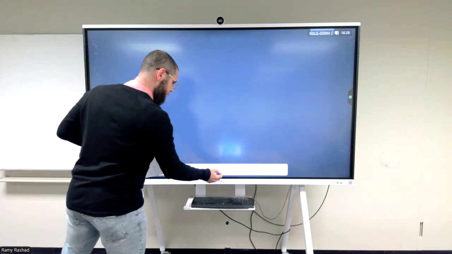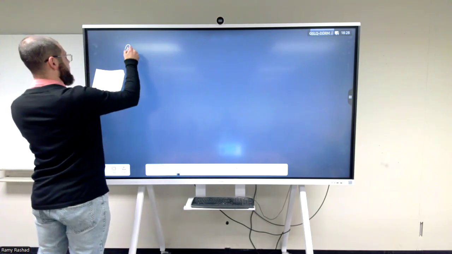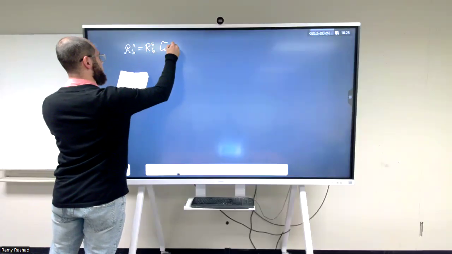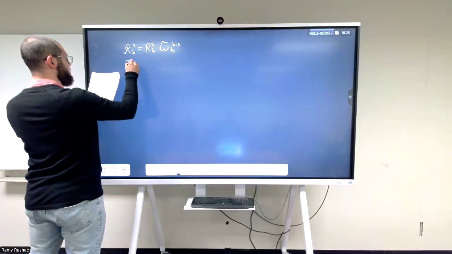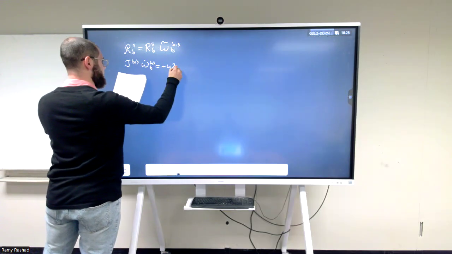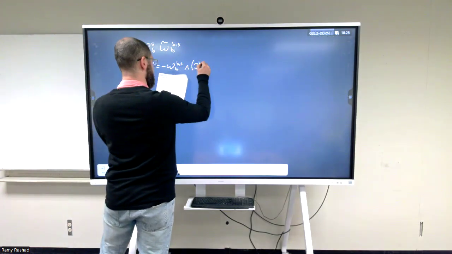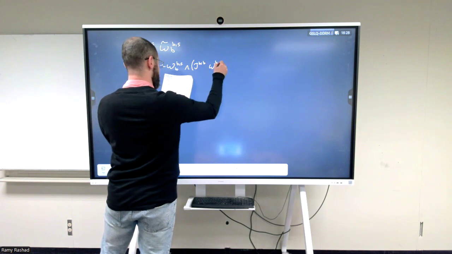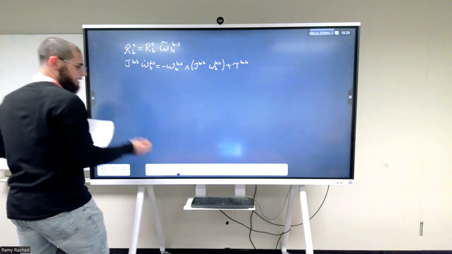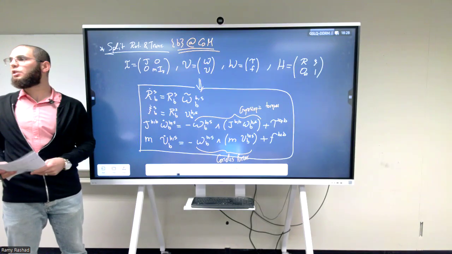Let me rewrite it again. So this is exactly the same part for the rotation. The linear part that was here, I'm going to introduce a new variable.